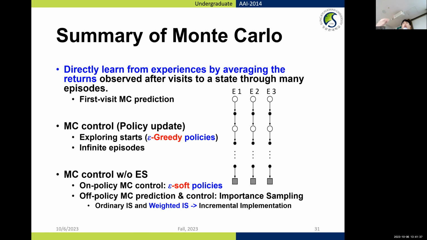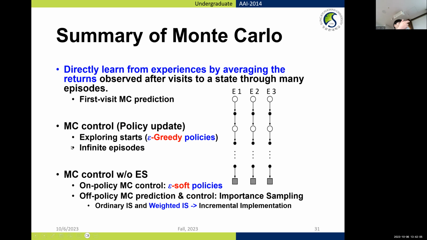Through that experience, we update the different state values with multiple episodes. So we designed first-visit MC prediction, where we only count the first visit of a state and update again and again. After that, we work on the control: once we update those, we get our optimal policy. We want to control and update our policy.